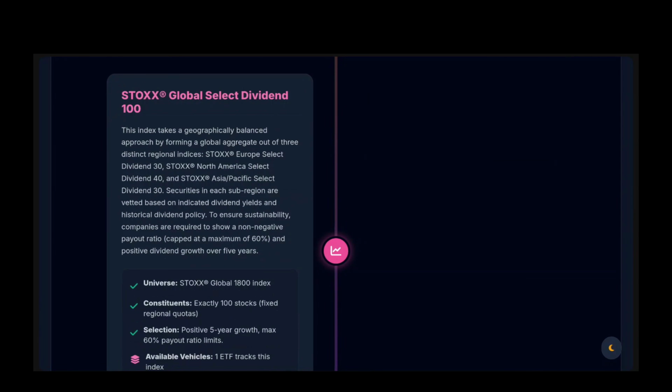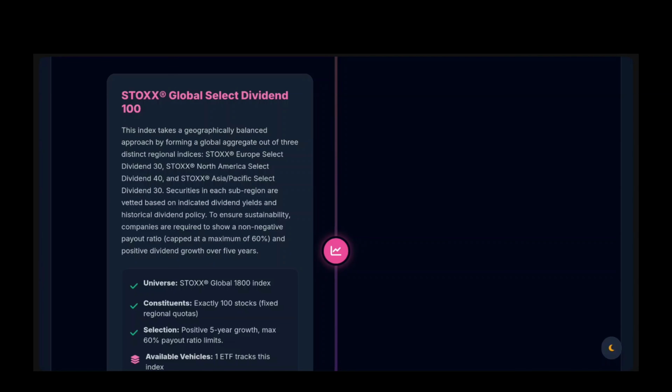We then have the STOXX Global Select Dividend 100. This index takes a geographically balanced approach by performing a global aggregate out of 3 distinct regional indices: the STOXX Europe Select Dividend 30, the STOXX North American Select Dividend 40, and the STOXX Asia Pacific Select Dividend 30.